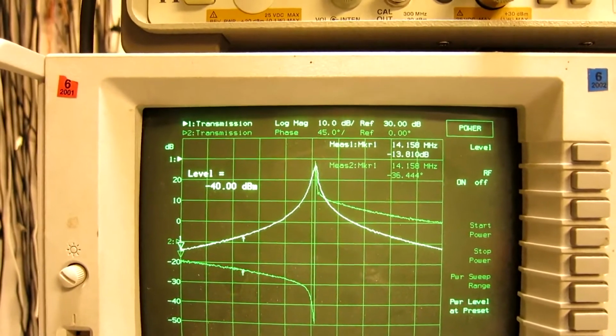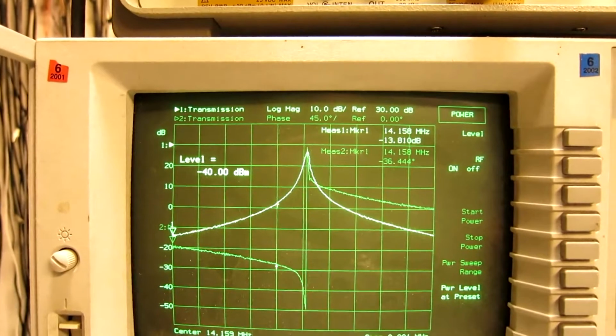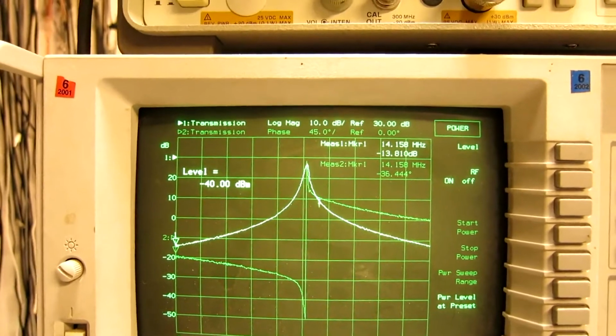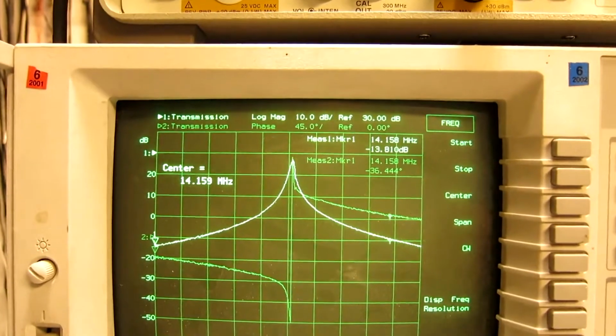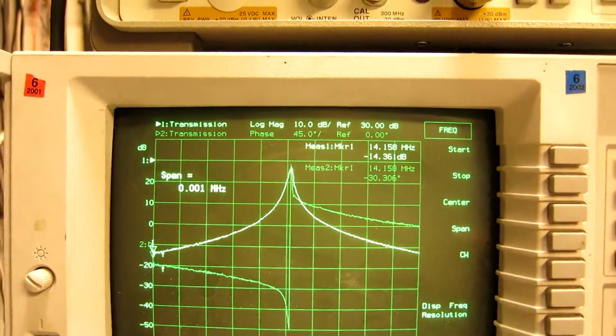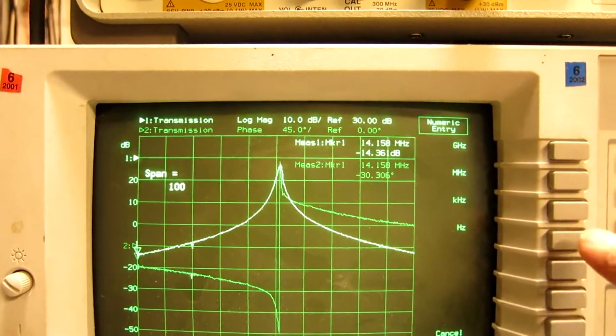I have to sweep slower to see what's going on. So that is frequency and span and 100 Hertz.